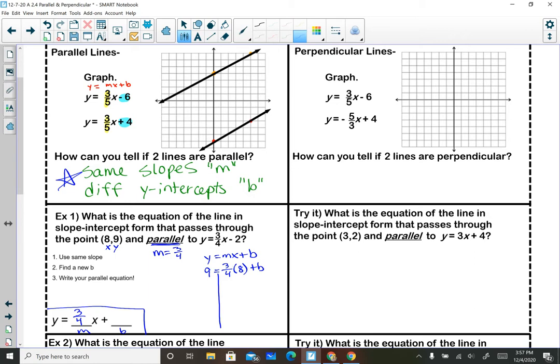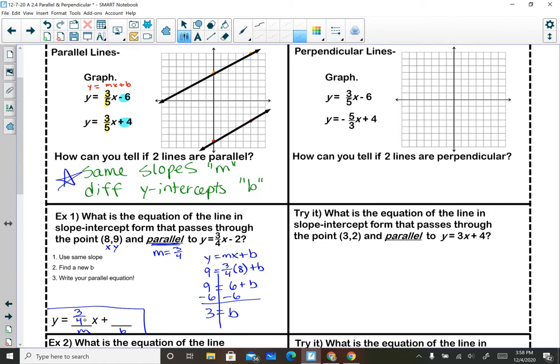So 3/4 times 8. If you need help with that, use your calculator. I know 3/4 times 8 is 6, plus b equals 9. Now I'm going to solve for b by subtracting 6, and I get 3. So my equation is y equals 3/4 x plus 3, so that they have the same slope.